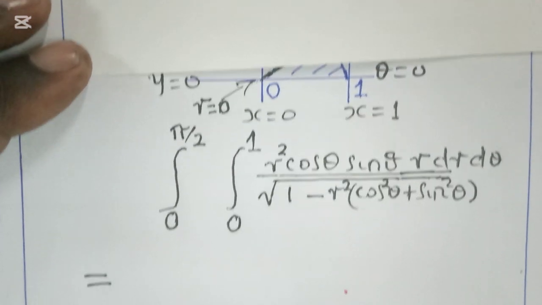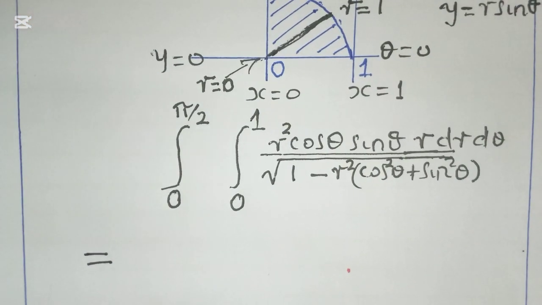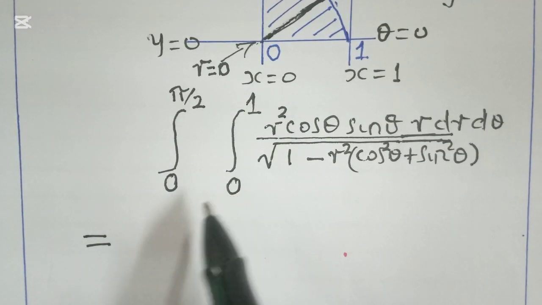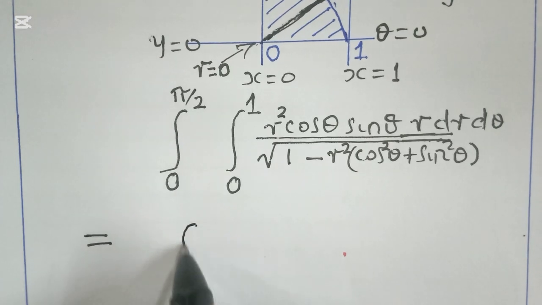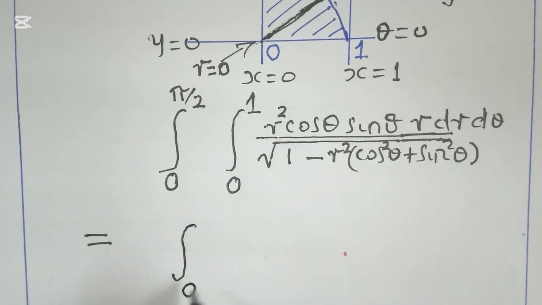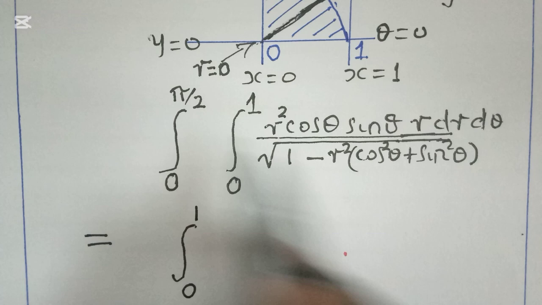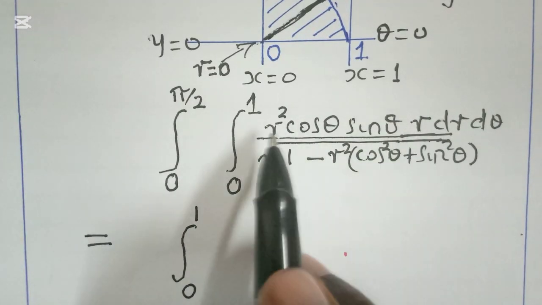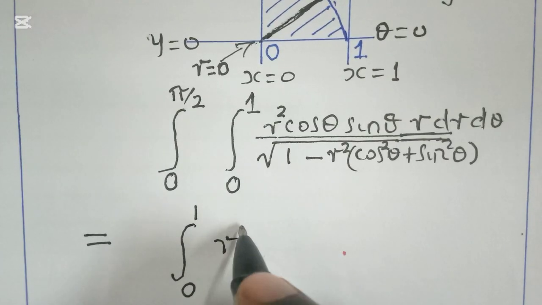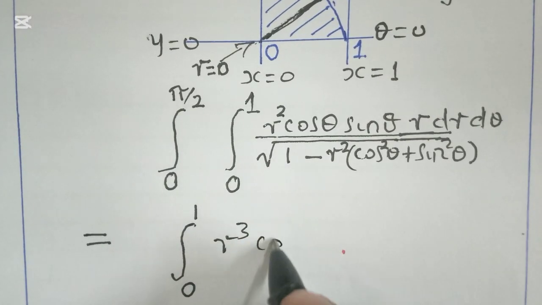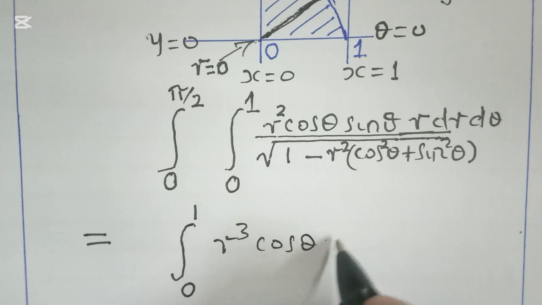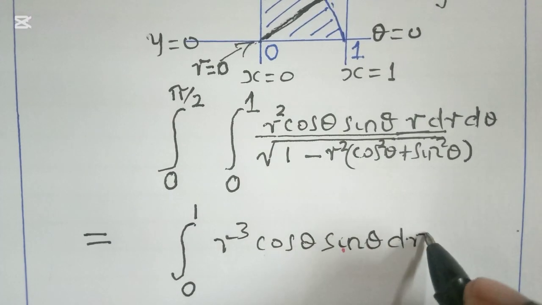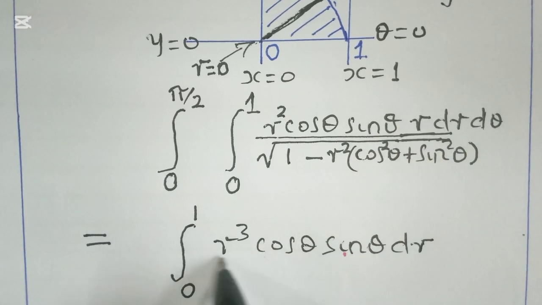Guys, we can integrate now, starting with the inner integral, from 0 to 1. You can multiply that r and r there, and you have r cubed cos theta sin theta, then we have the dr. We shall use the d theta next.